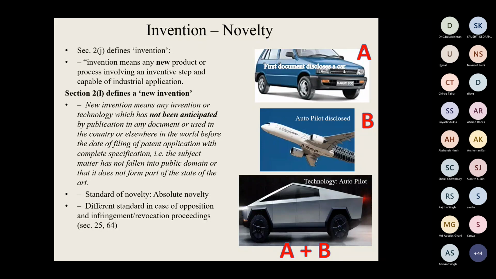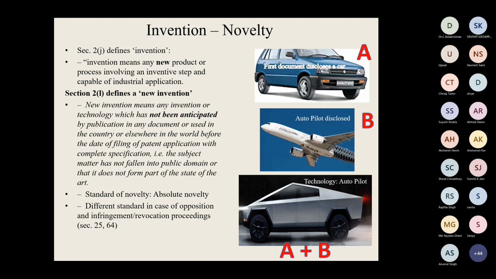So I'm just giving you a brief introduction about all these terms, so that whenever these terms come up, you get an idea of what is opposition and what is infringement. Infringement is when there is already a patent, and then you come up with an invention, and the patent holder feels that your invention is infringing that particular patent.